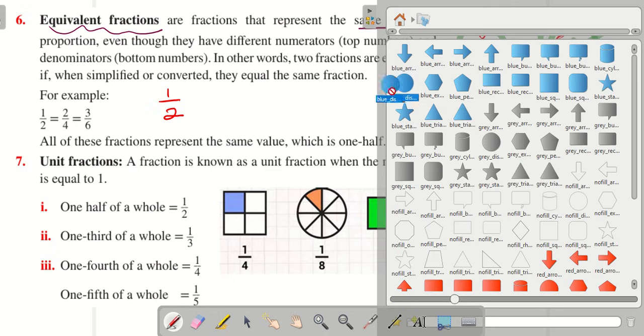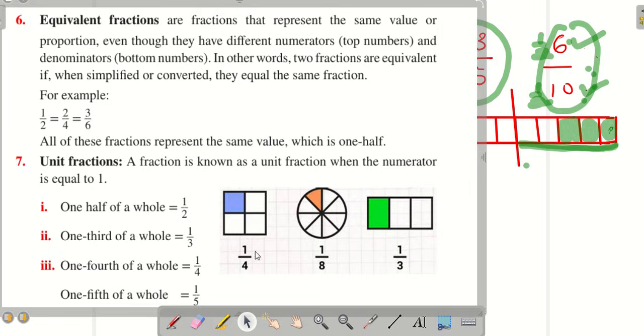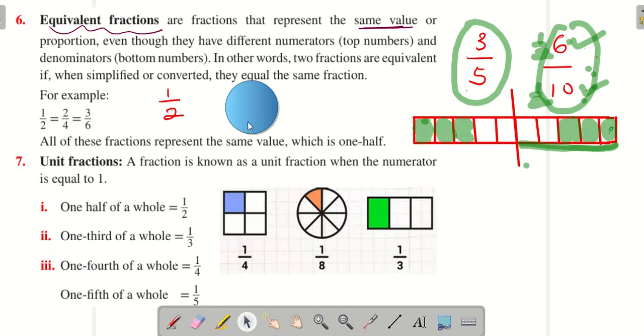Let's say you have a circle here, just 1 orange, and I want to share this orange between 2 people or 2 students. Then the best thing to do is to divide the orange into 2. If I divide the orange into 2, there are going to be 2 parts. So one person will get 1 out of the 2 parts, and the other person will also get 1 out of the 2 parts. And that is the basis for 1 over 2.